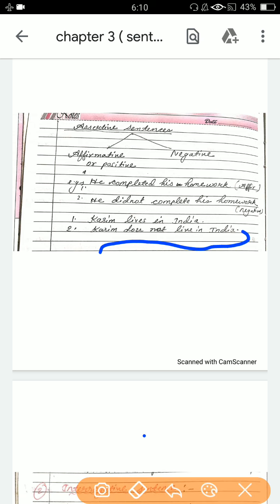This sentence gives negative information about a person, that he doesn't live in India. So here we have seen the two types of assertive sentences, affirmative and negative. An assertive sentence can be written in two ways: a positive sentence or a negative sentence.